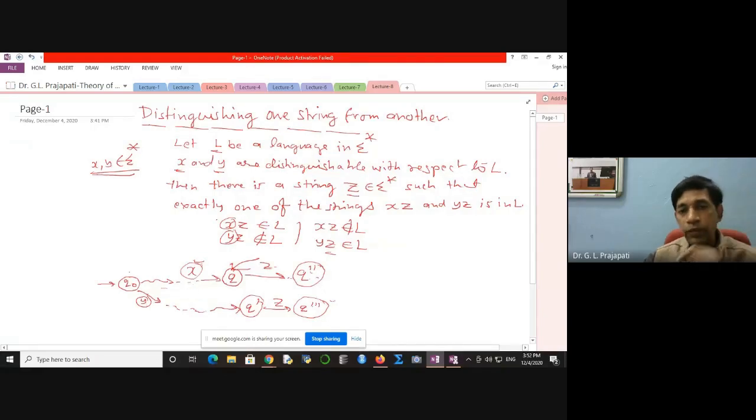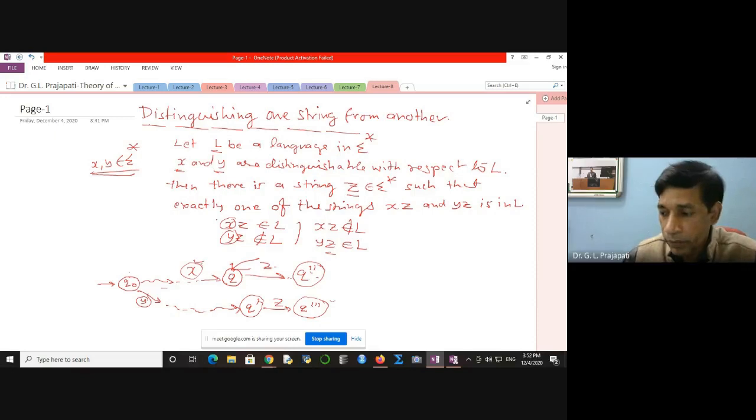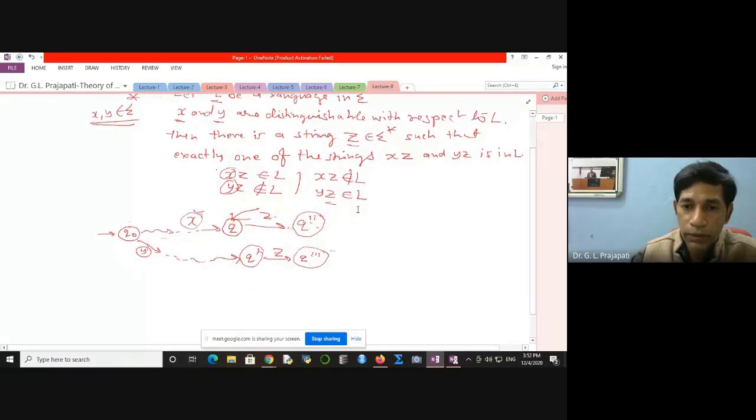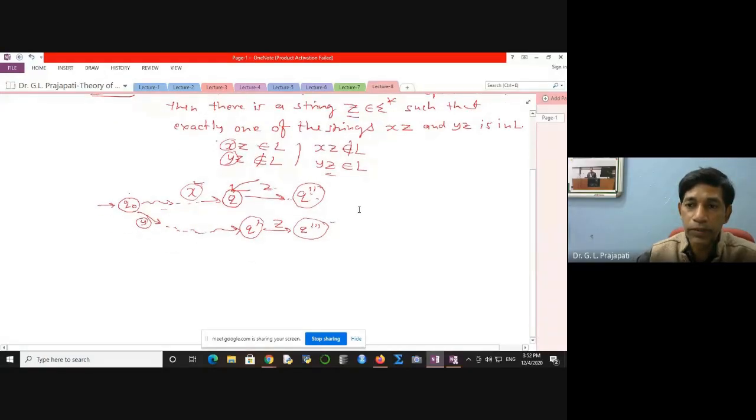So that's why you need to know which of the strings in your sigma star your FA needs to distinguish, and for the strings which your FA is going to distinguish, your FA must go to different places.